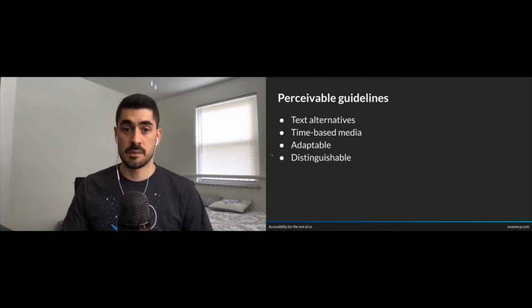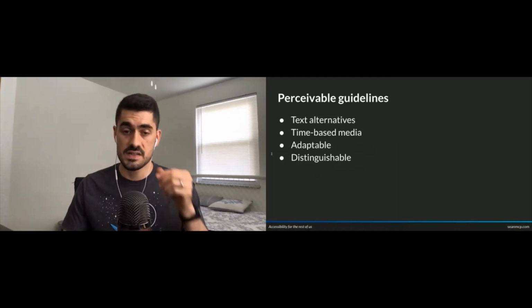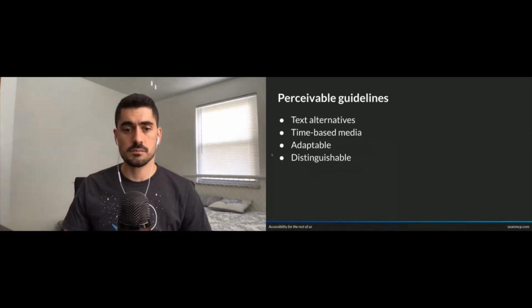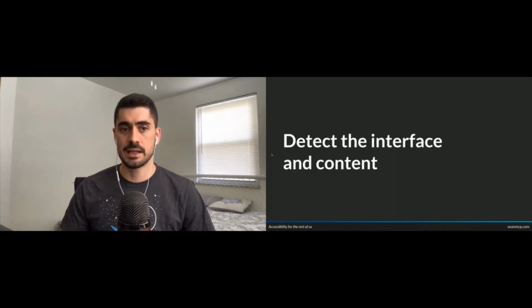Content needs to be able to be presented in different ways without losing information. If a user switches their phone to landscape, for example, they should still be able to see everything. And last, distinguishable. Make it easier for users to see and hear content by separating it from the background. Color contrast is a big criterion here. The perceivable principle can ensure that a user can detect the interface and content.